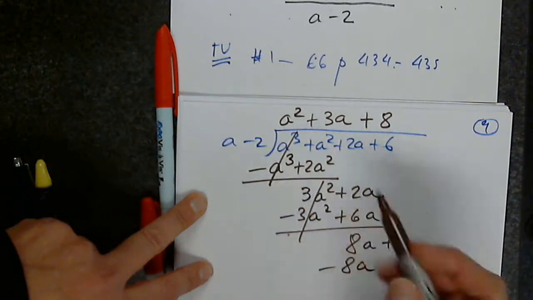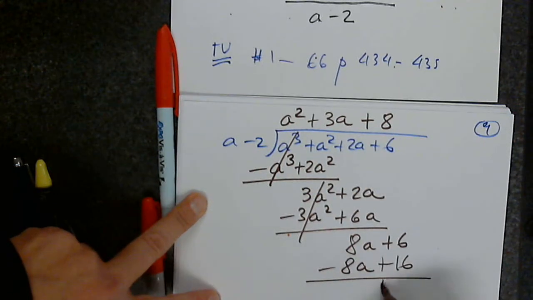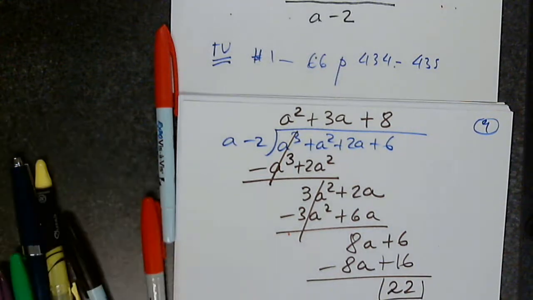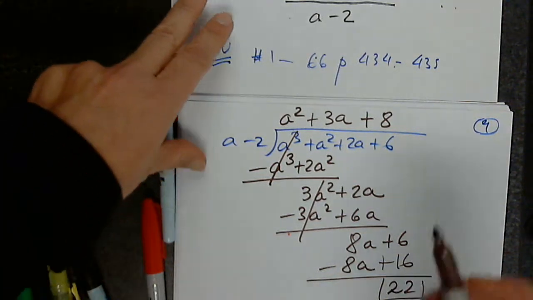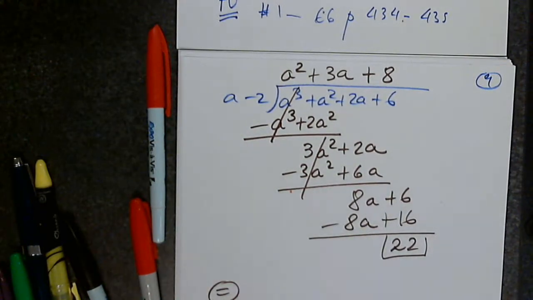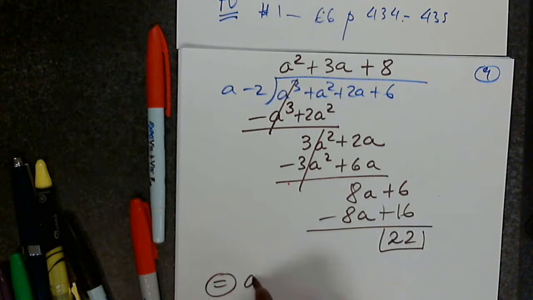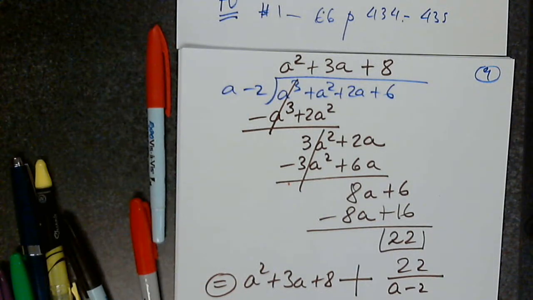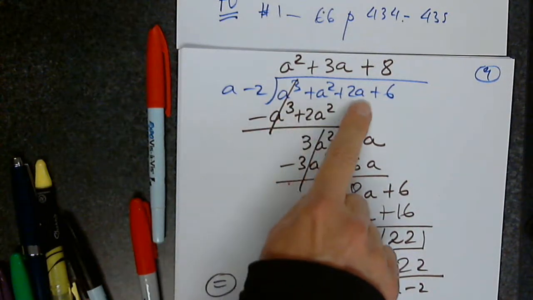And negative 16, I subtract. Therefore, the answer to this is excellent. Very good. You can always go back and check, right? You will multiply this by this and add the remainder and make sure you can recover this.